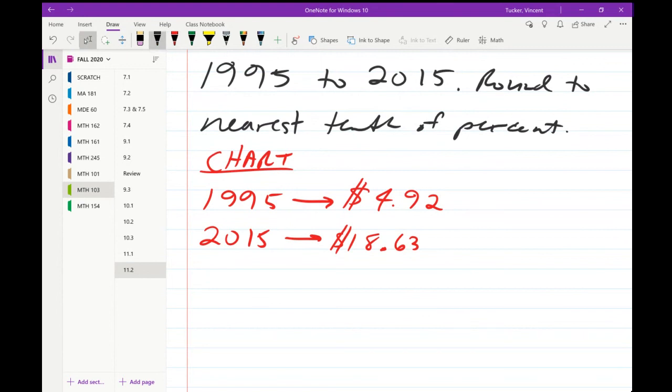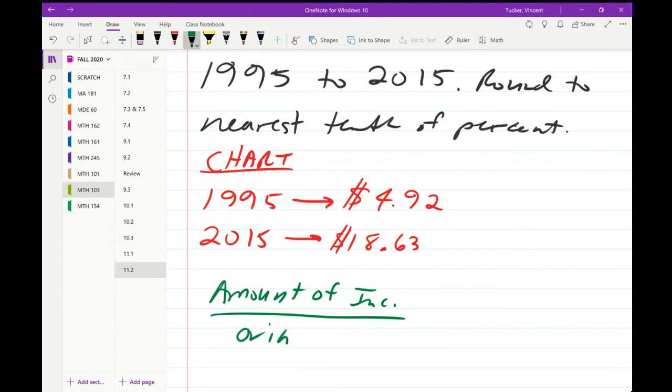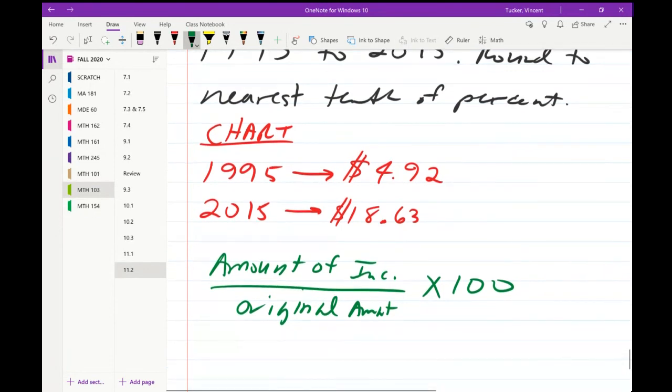All right. So the way we will calculate percent increase is the amount of increase over the original amount, times 100%.